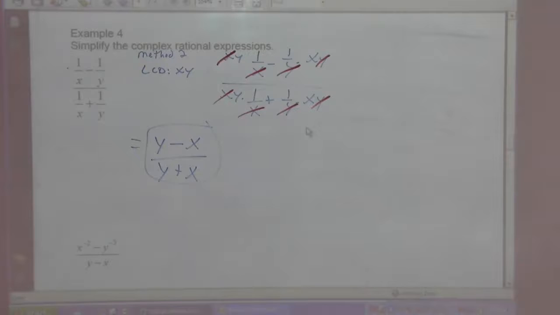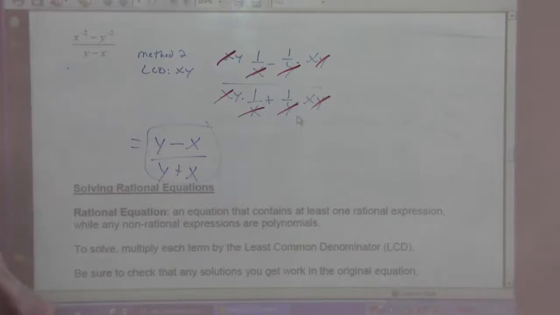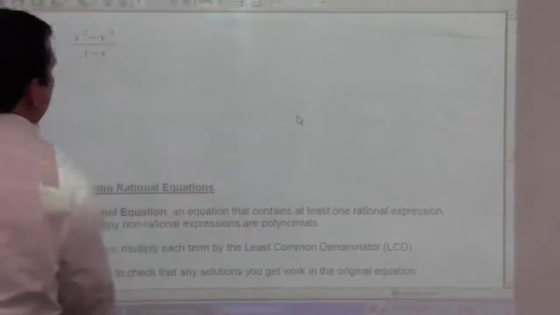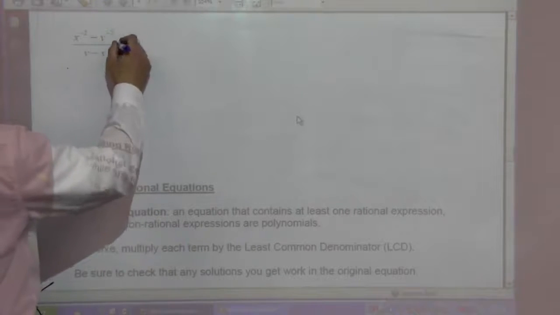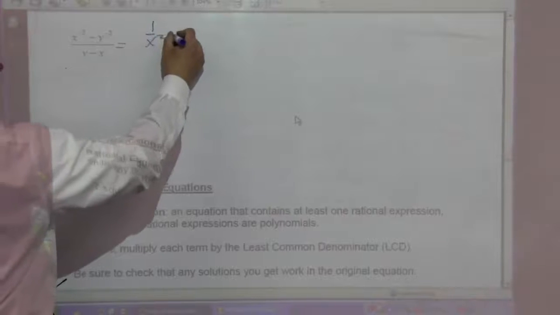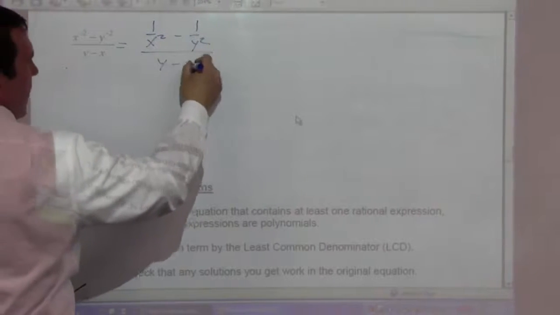I'm going to go on to the next one. We have x to the negative 2 minus y to the negative 2 over y minus x. Let's rewrite this. That's 1 over x squared minus 1 over y squared over y minus x.